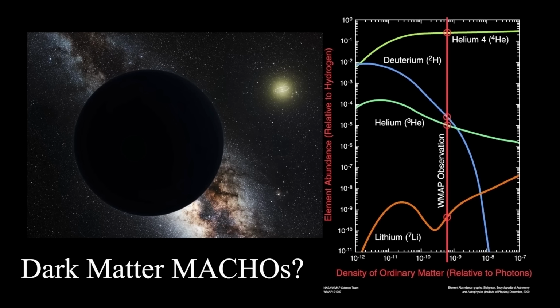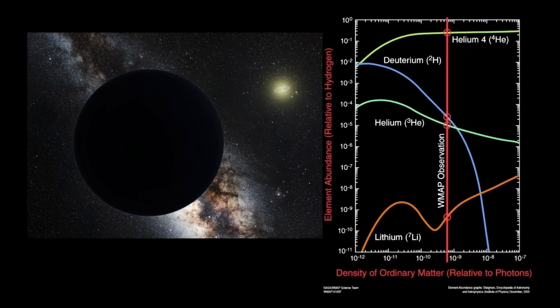These searches have said, well, there's stuff out there, obviously, because there will be black holes and there will be rogue planets, and those are interesting in their own regard. But there's not enough of them. The excluded range of object masses goes from about half the Earth's mass up to about 30 solar masses, which would be some big, big, big black holes. And that covers almost everything that could contribute as MACHOs.